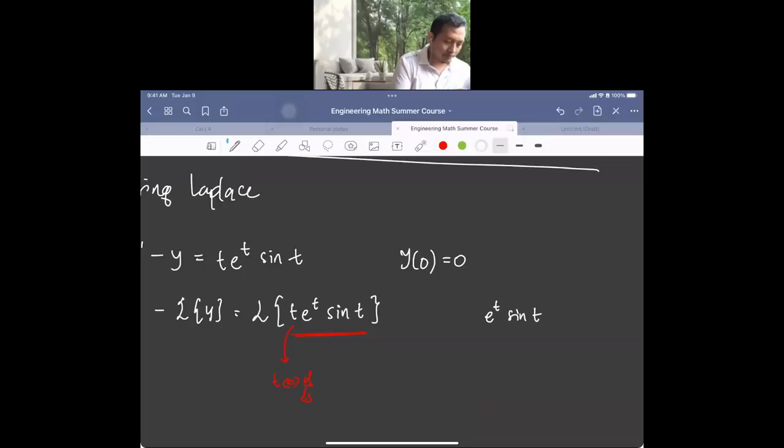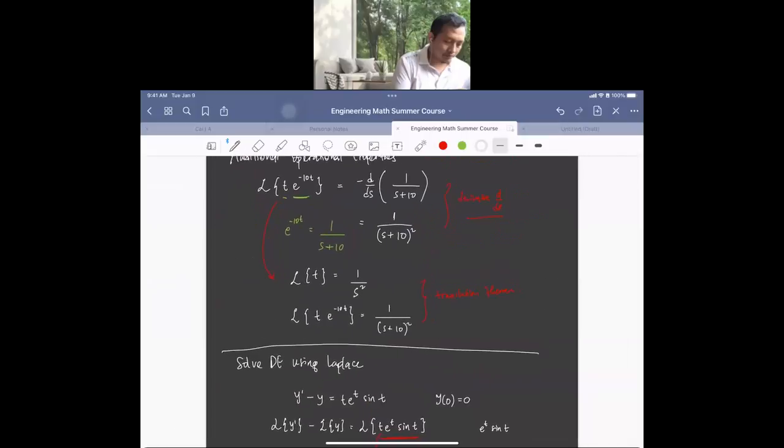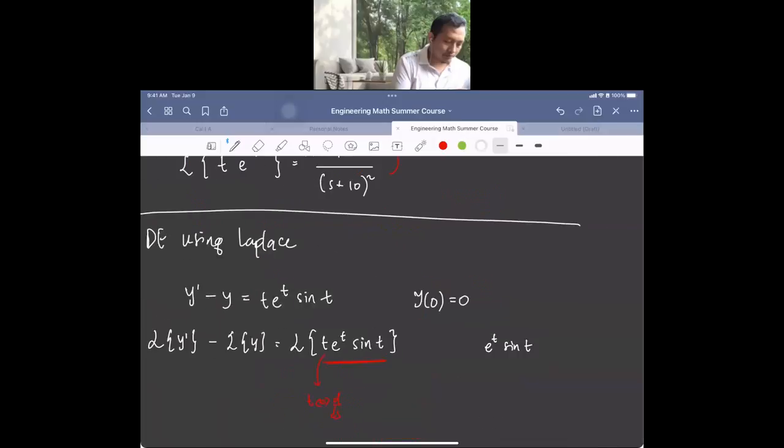And e^t is related to our translation theorem. So based on the translation theorem, remember that the Laplace of sin t will result in 1 over s squared plus beta squared, where beta is 1.